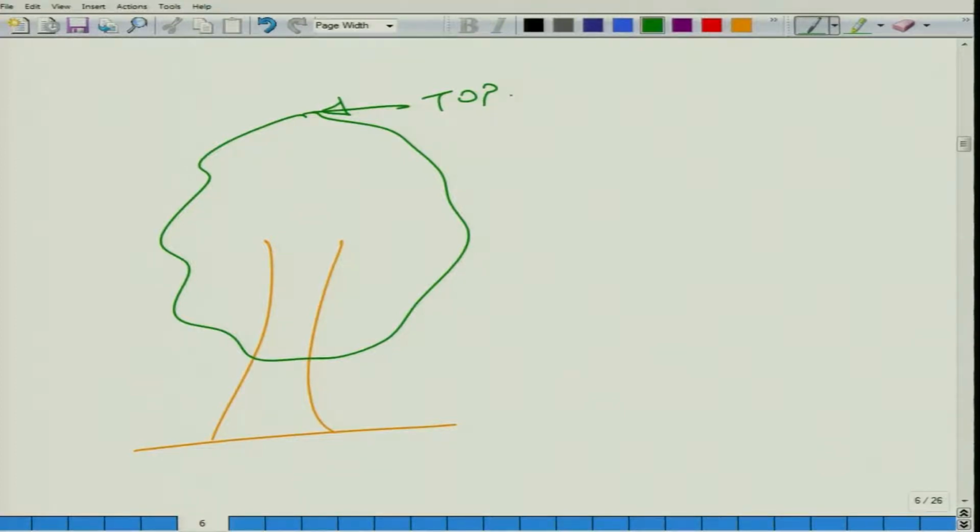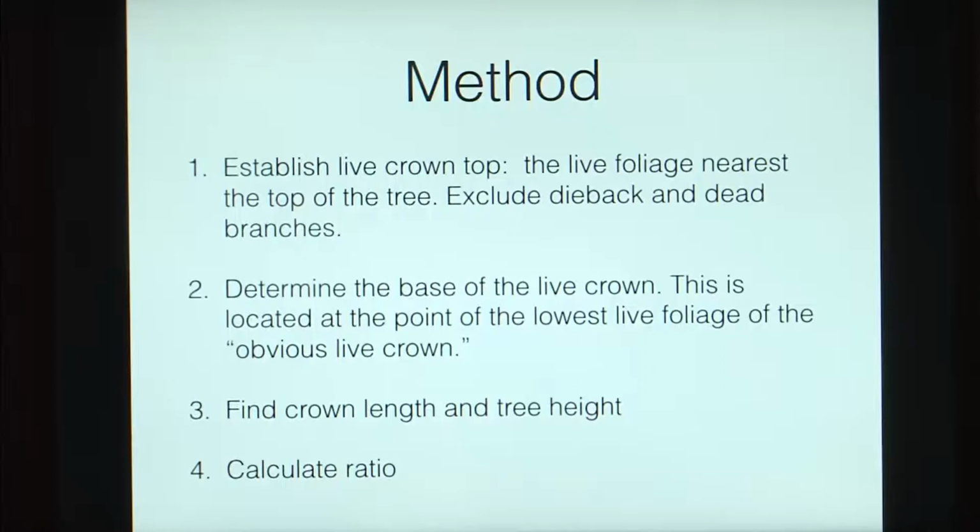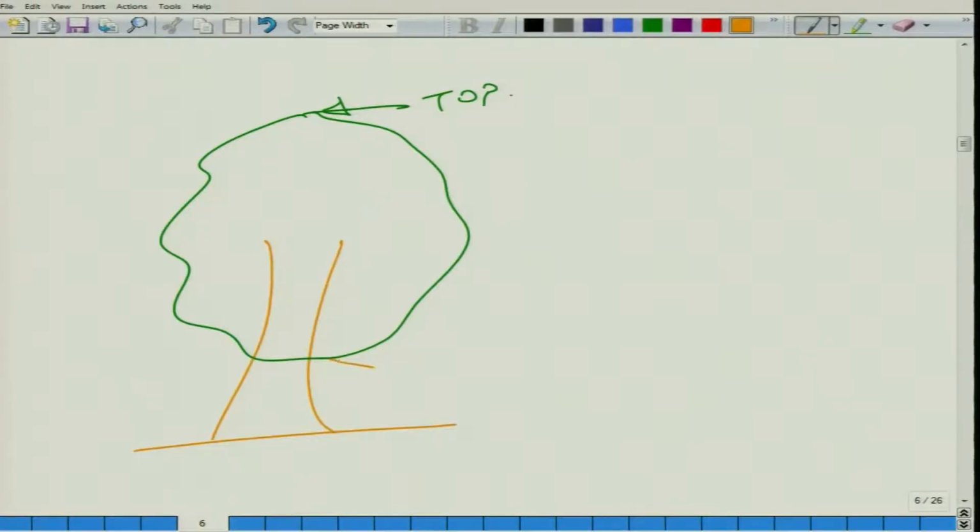Next, coming back to the slides, the next step is to determine the base of the live crown. The base of the live crown is located at the point of the lowest live foliage of the obvious live crown. So, coming back to the tablet now, this point will be called the base of live crown.